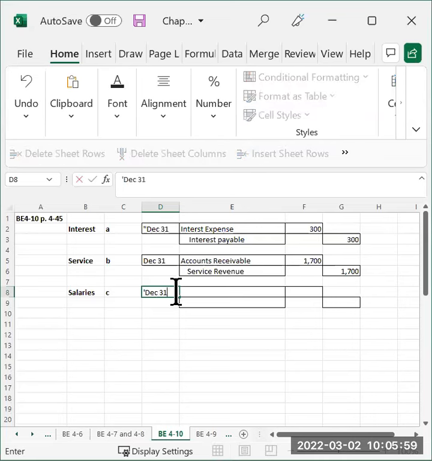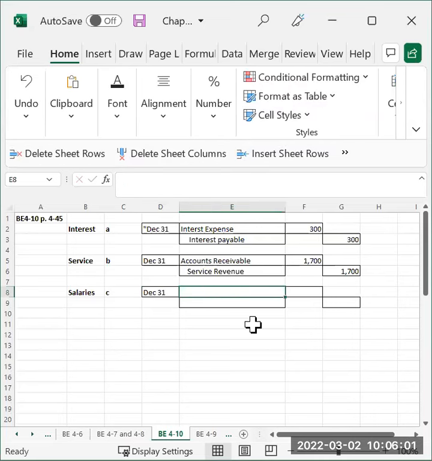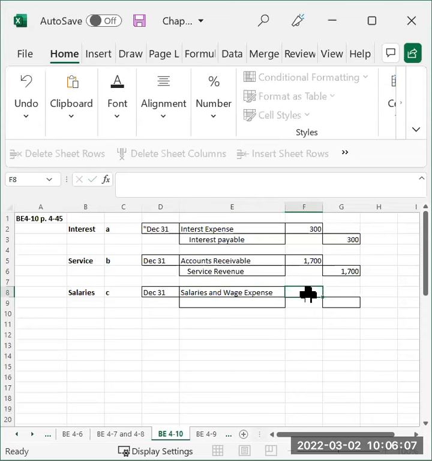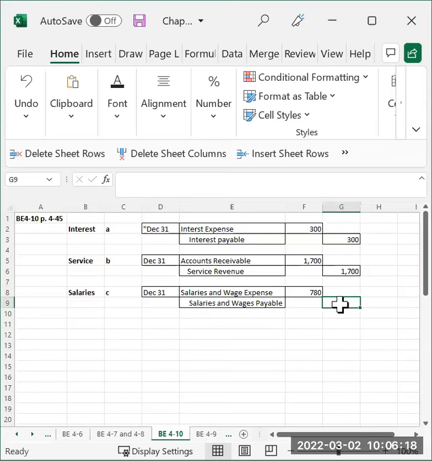So December 31, we are going to be debiting salaries and wages expense for $780. And then we are going to be crediting salaries and wages payable because we're going to be paying that in the new year. So those are the ones for BE 410.